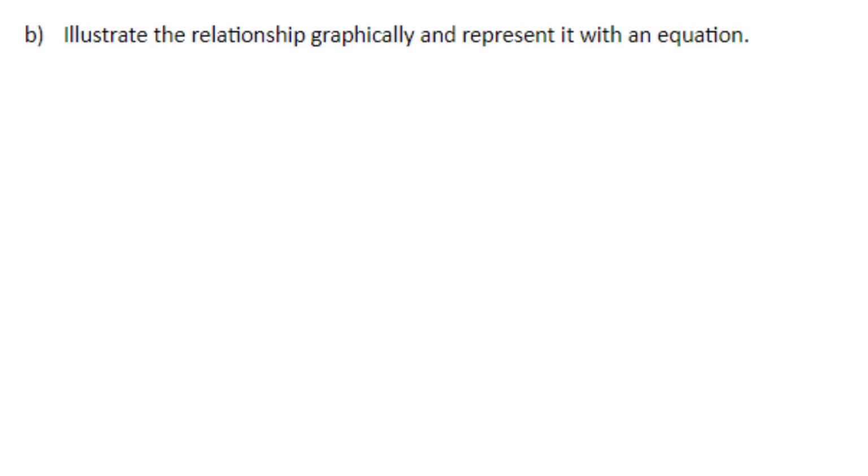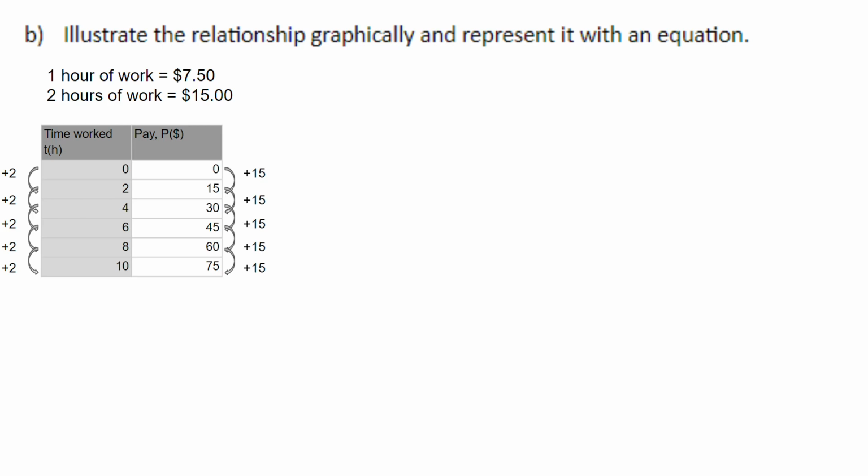Now we want to illustrate this relationship graphically and represent it with an equation. So we have 1 hour of work giving us $7.50, and 2 hours of work giving us $15. So, in the interest of not having a lot of decimals in our table, I will be using intervals of 2 hours instead of 1, so that our intervals of pay would be 15, 30, 45.